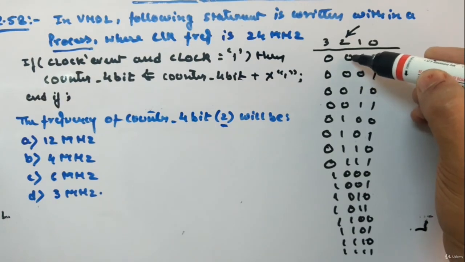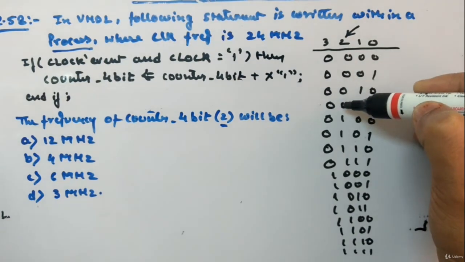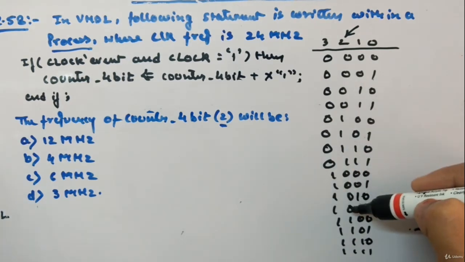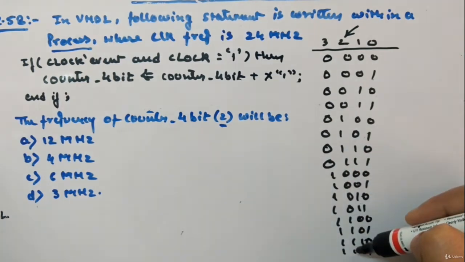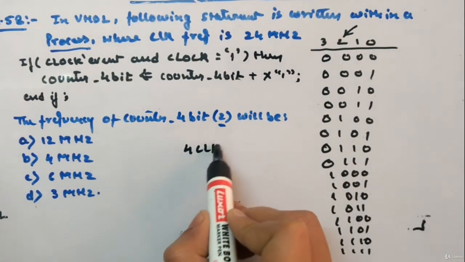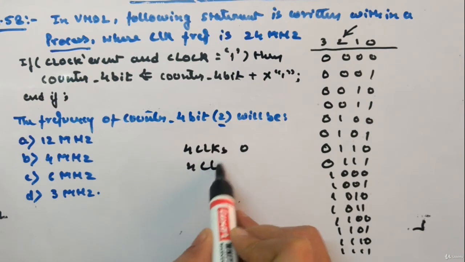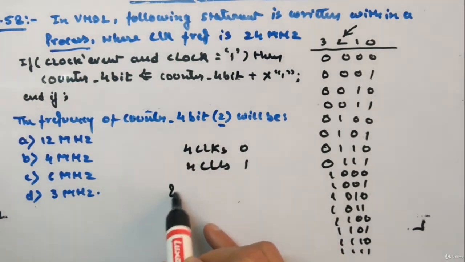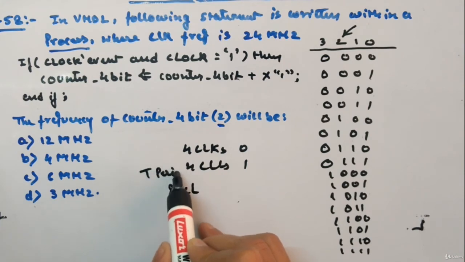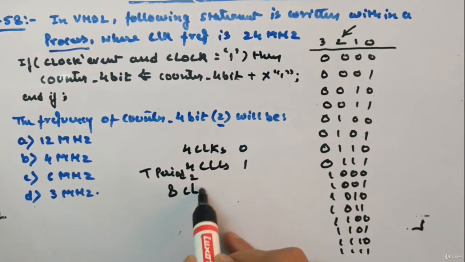If you see, for 4 clock cycles it is 0, for the next 4 clock cycles it is 1, then again for the next 4 clock cycles it is 0, and for the next 4 it is 1. So for 4 clocks it is 0, for 4 clocks it is 1, so the total time period of the second bit is 8 clocks.